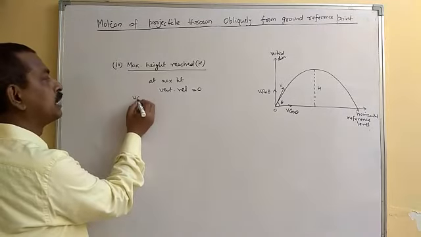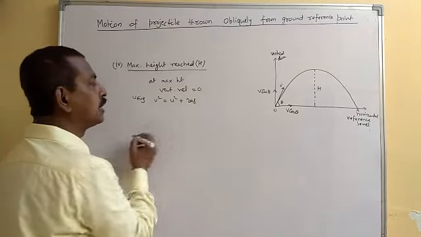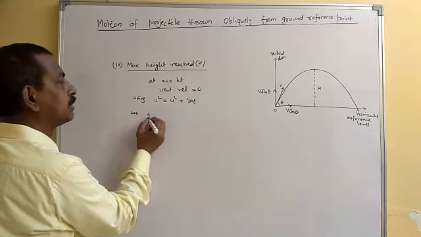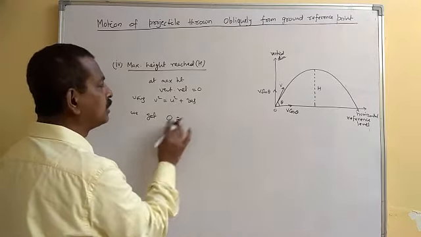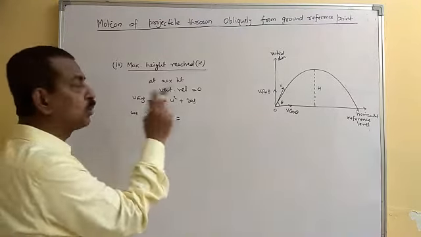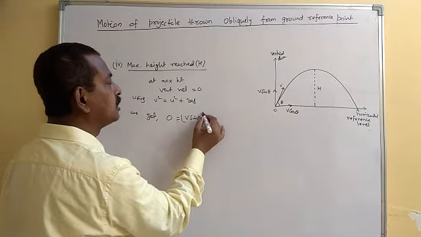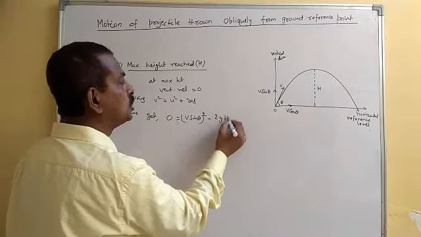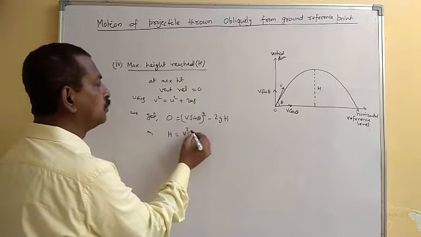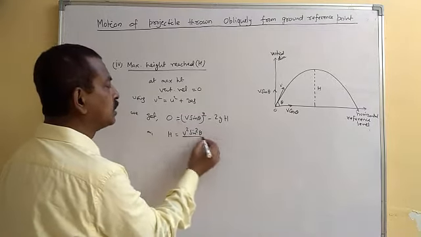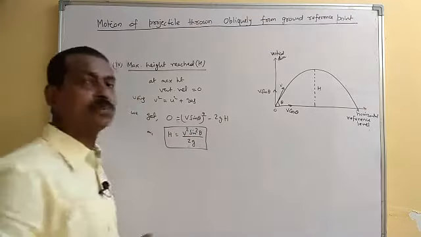So using the v square equals u square plus 2as relation, we get 0 equals the initial vertical velocity v sine theta, whole square, minus 2gH, or H will be equal to v square sine square theta by 2g. This is the expression for the maximum height reached by the projectile.